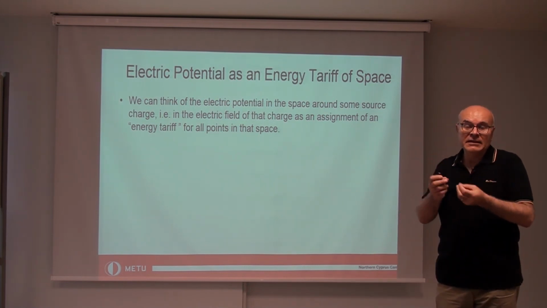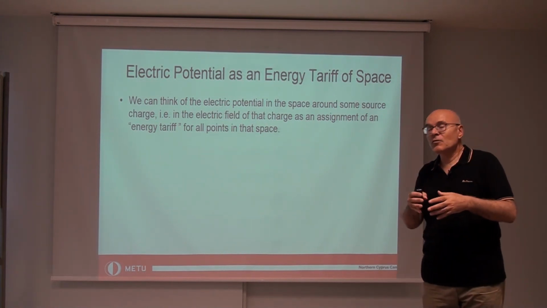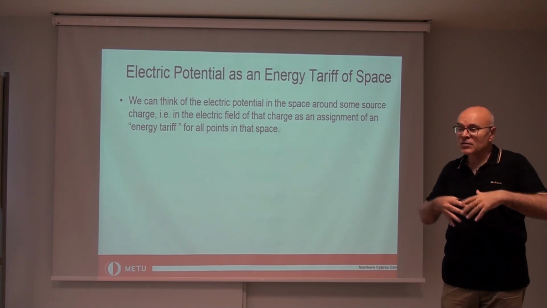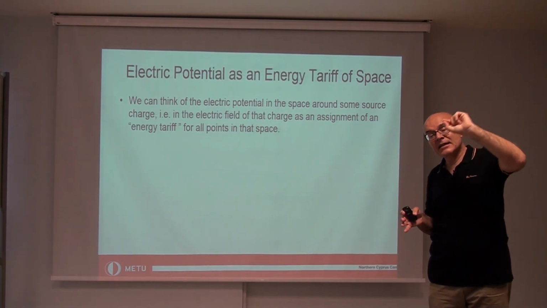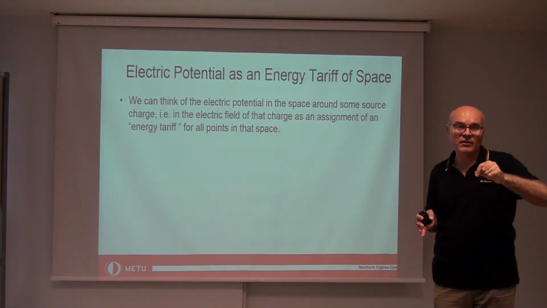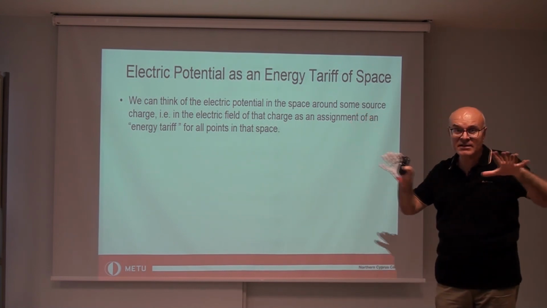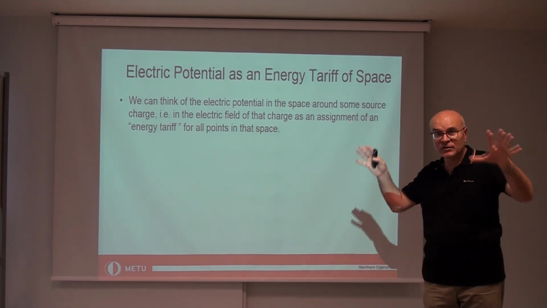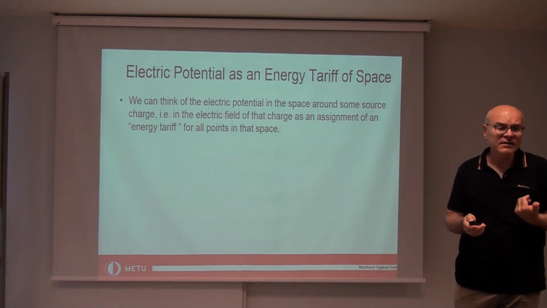Well, there is an electric field, and as a result, we have electric potential. And so, what we say is that once we have an electric field, each point in space, I can assign it a tariff for energy per unit charge.